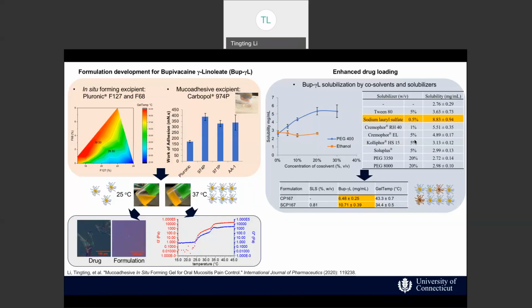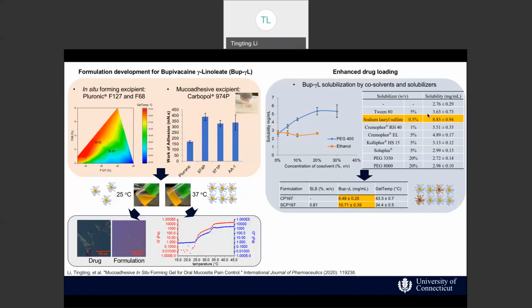I compared the drug solubility in different solubilizer solutions and found out that sodium lauryl sulfate showed the most significant solubilizing effect towards bupivacaine gamma linoleuate. Therefore, sodium lauryl sulfate was used in the formulation to improve the drug loading.